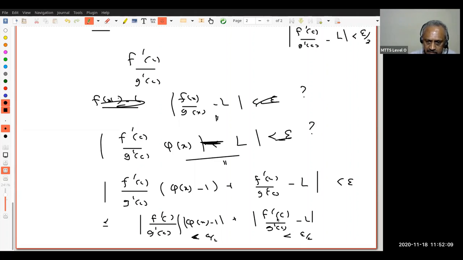From this, I get f'(c) by g'(c) in modulus will be less than L plus epsilon by 2. Therefore, this first thing will be less than L plus epsilon by 2 times the modulus of phi of x minus 1. But if x is again very large, then the modulus of phi of x minus 1 will be less than epsilon by 2 divided by this L plus epsilon by 2. Do you understand this? Okay.